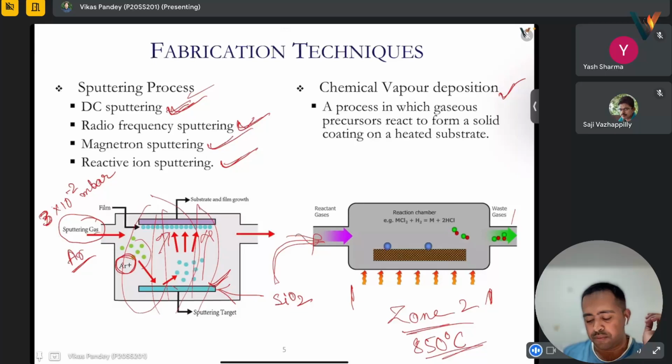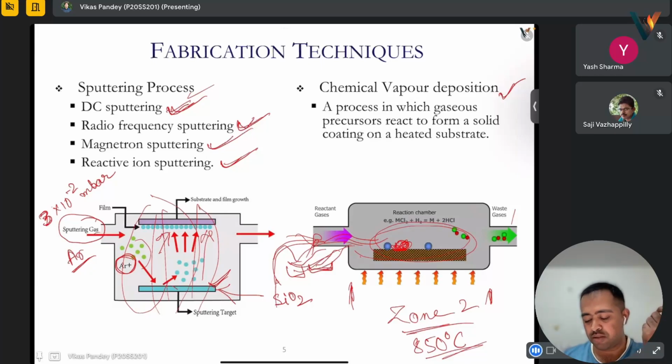Okay, so gases are inserted, and precursors are also put in a crucible. Since it is so hot, this area will also get hot. The gases will carry these constituent elements, and as they reach this part, the surface will act as a place where these two or three species will meet and react.